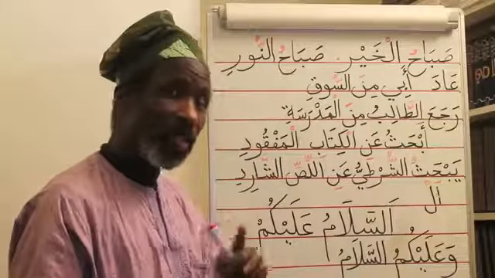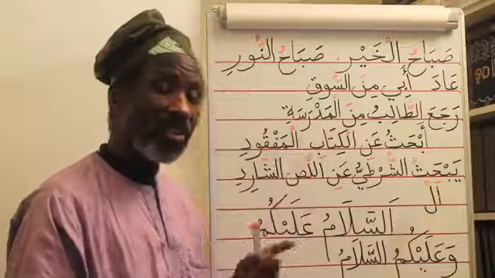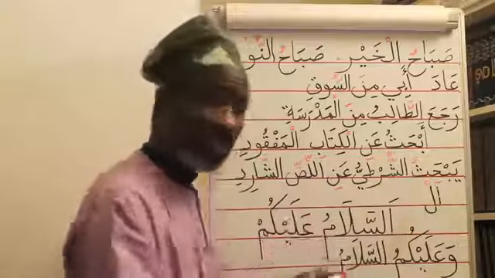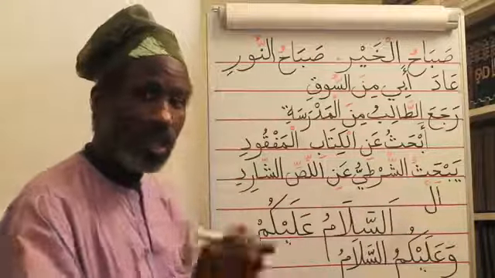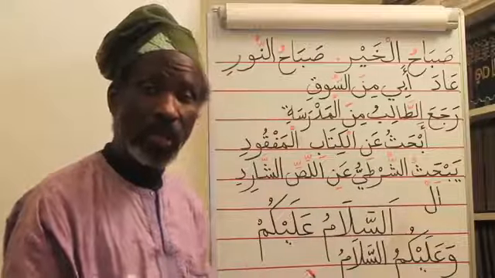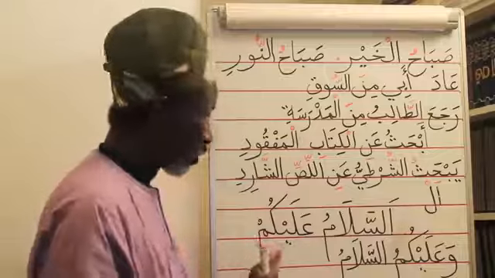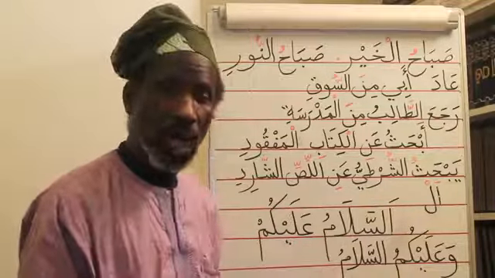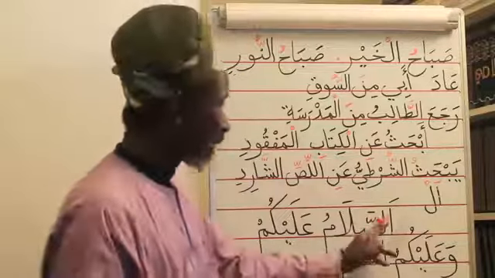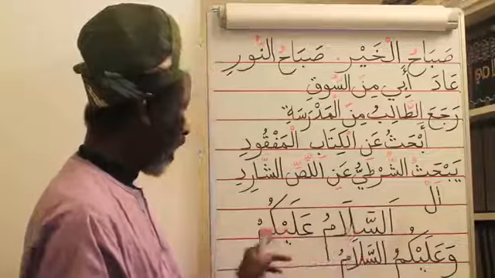You learned that at the beginning in the transliteration format using the Latin script. Now, no need anymore for using Latin script to read Arabic. You now reach a situation where you know all the rules and you can read Arabic using Arabic text. So, assalamu alaikum.